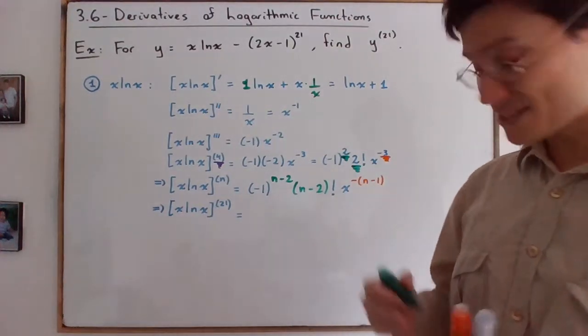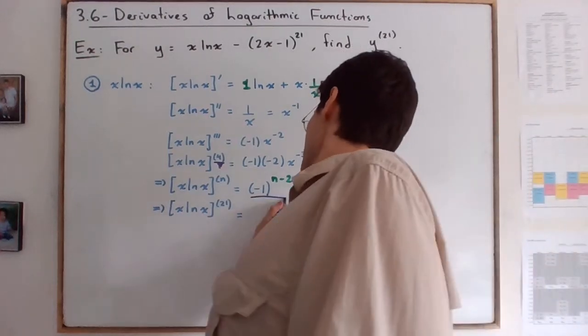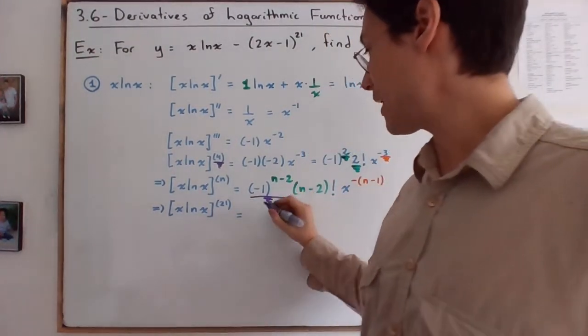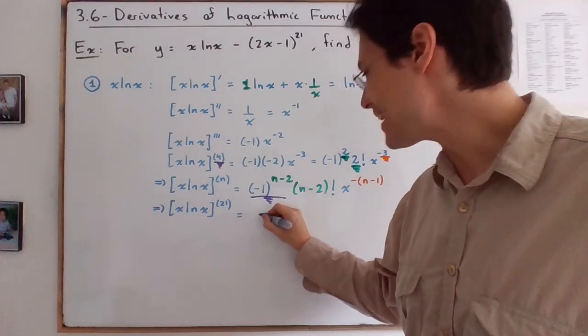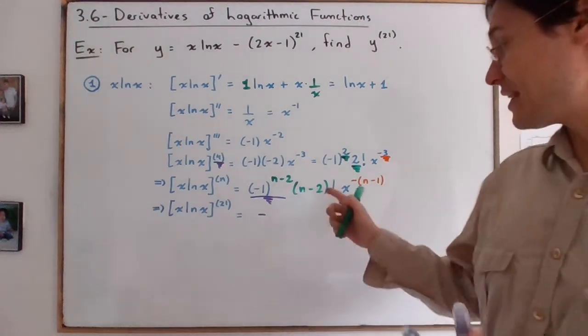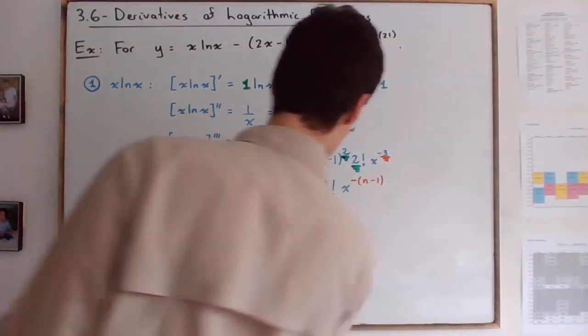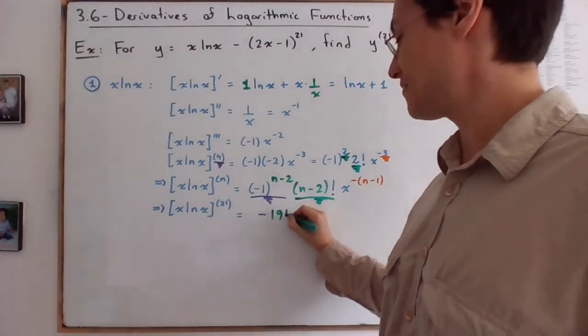And it means that this factor right here, let's color code it in purple, will turn out to give you a negative. Then this n minus 2 factorial will give you 19 factorial.